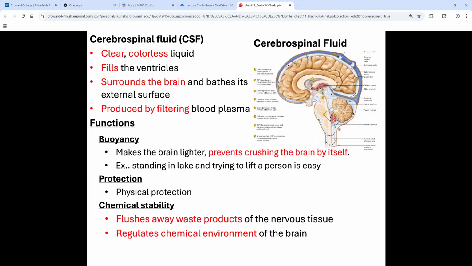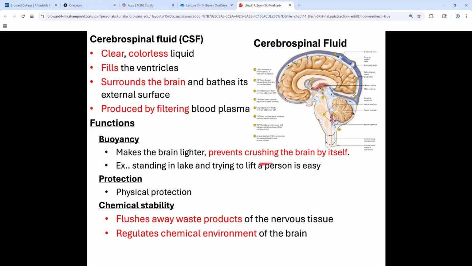You can lift that person. That is called buoyancy, okay? So CSF provides that buoyancy. So otherwise the brain will be crushed by itself. And CSF provides that buoyancy. It makes the brain lighter.